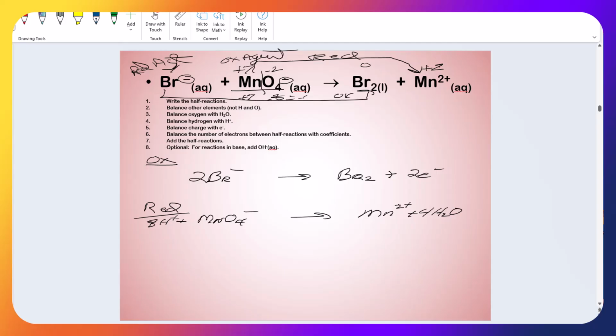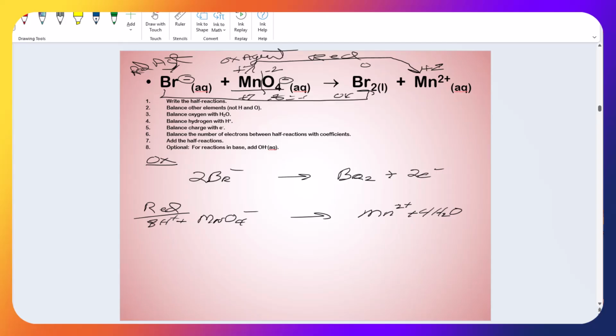Now we're going to balance charge. We balance charge by adding electrons. I've got a 2 plus charge over here on the product side. Over here I have 8 plus a negative, which gives me 7 plus on the reactant side.